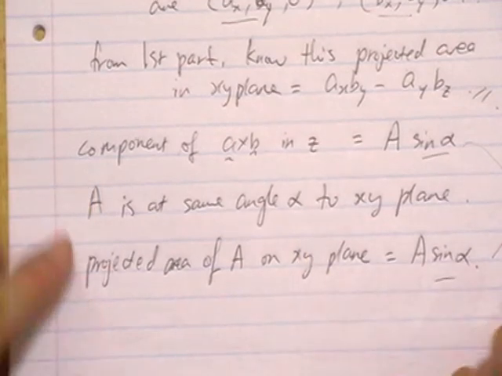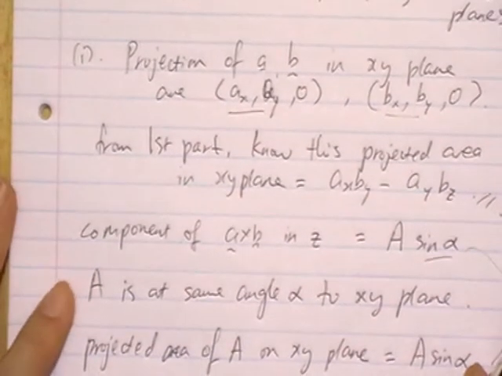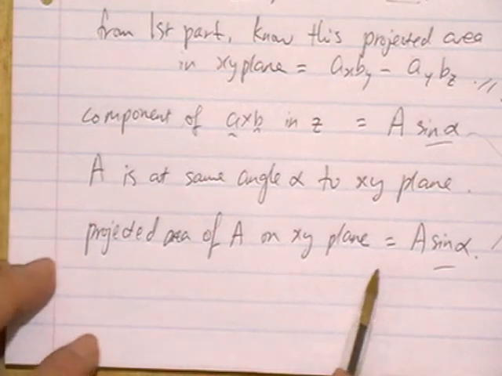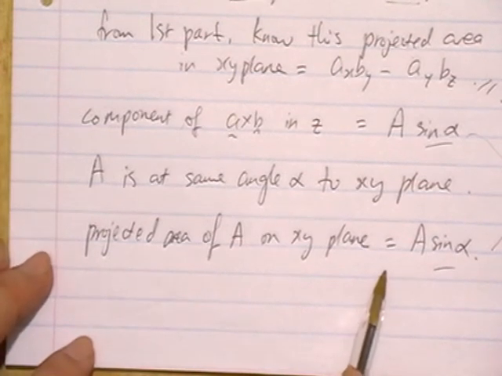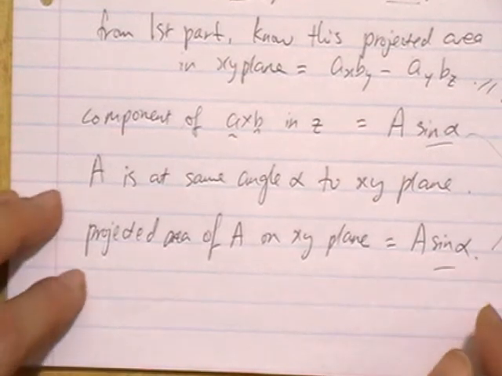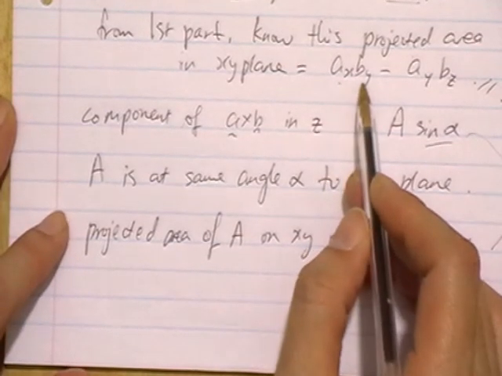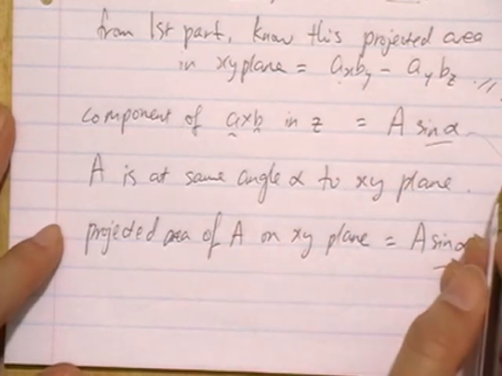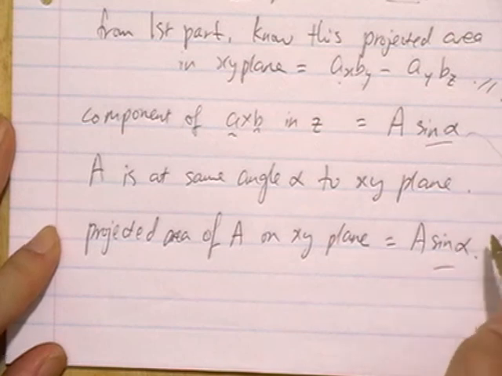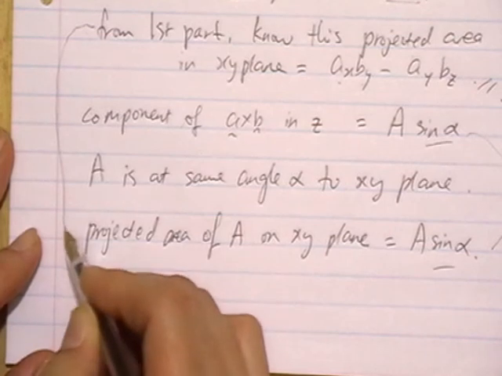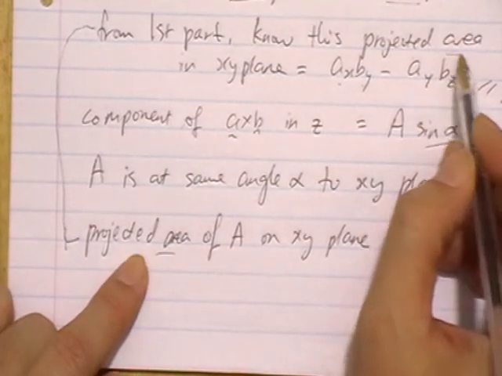So finally, because we have shown earlier, in the first half of this proof, that the projected area is given by the formula ax by equals to ay bz. So combining this, that's the projected area here and the projected area there.